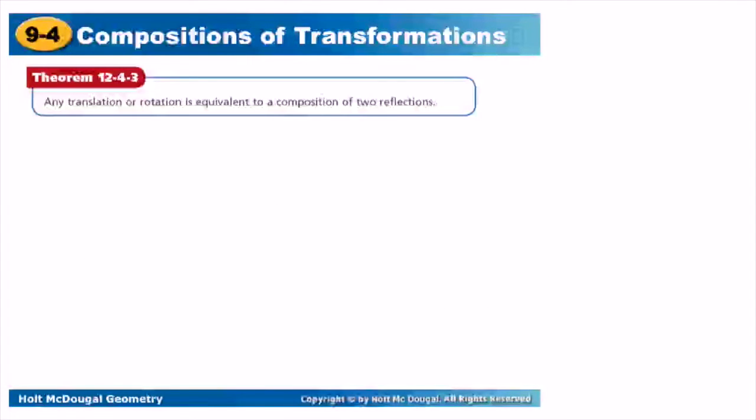Theorem 1243 tells us that anytime we have a translation or a rotation, it is comprised of 2 reflections. So again, just to refresh your memory, we know if we have a set of parallel lines, and we're going to mark them parallel, or if we have intersecting lines. A reflection of a reflection has a special name.